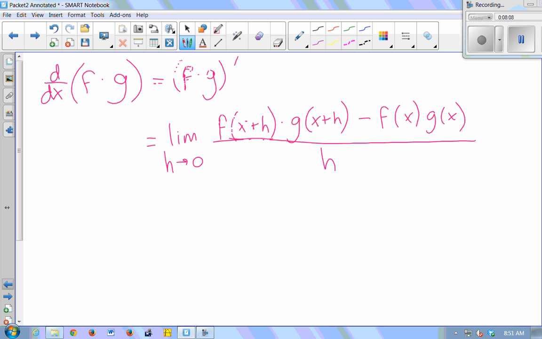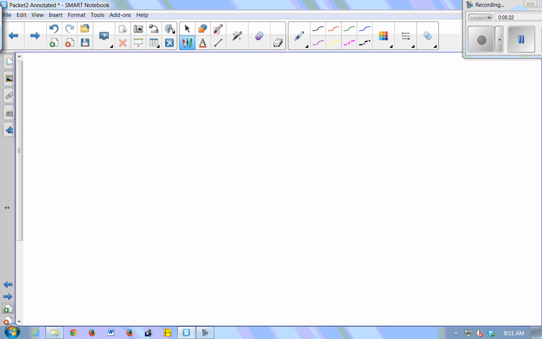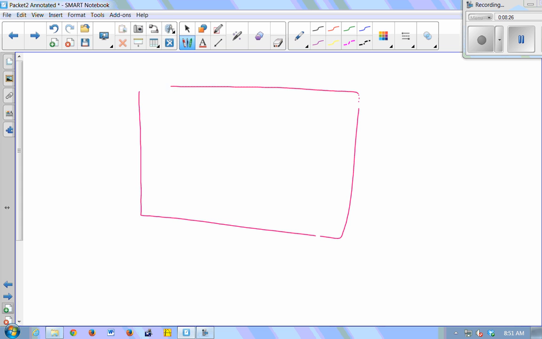Good. So I'm going to draw a picture that's going to help us evaluate that whole numerator, to come up with an expression that's more helpful. All right, so I've got a big rectangle. I'm going to let this distance just to here be g of x, and this distance just to here will be f of x.